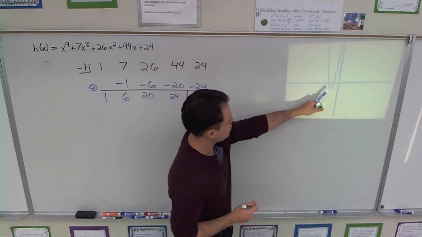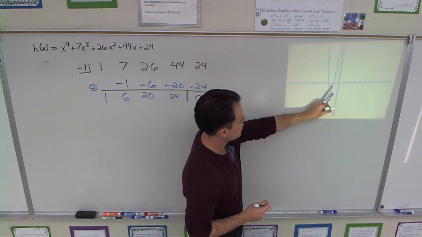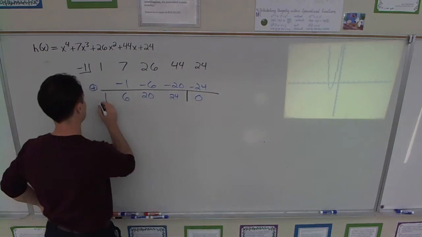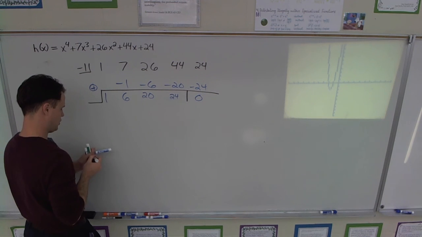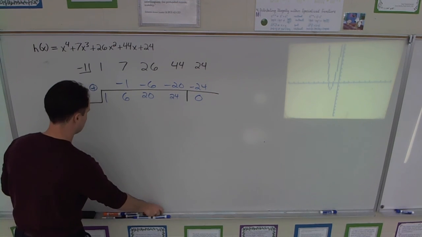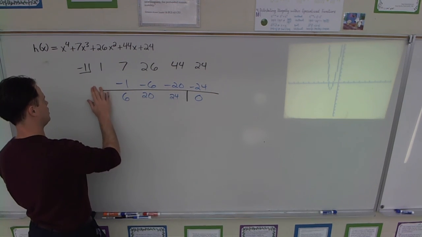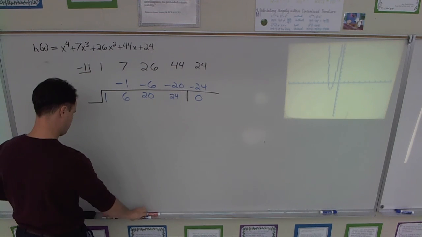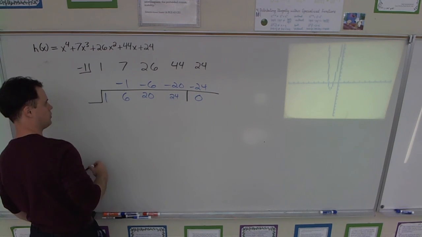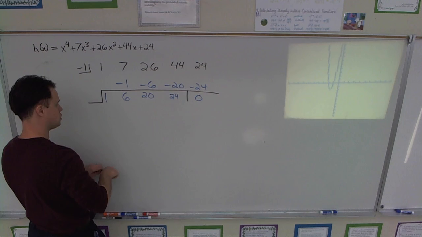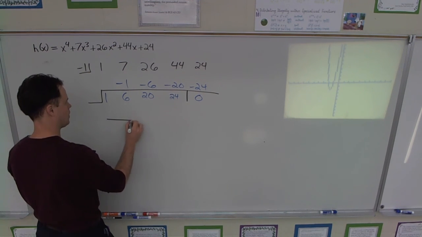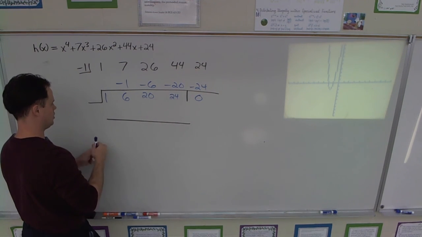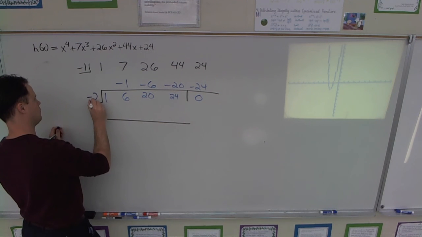I'm also expecting from the graph to see a 0 at -2. Let's see if that is in fact true. So let's come in here and do that synthetic division. I think I'll just go ahead and use purple this time. So here's my purple. Get another synthetic division line going. And I'm going to be testing -2 this time.